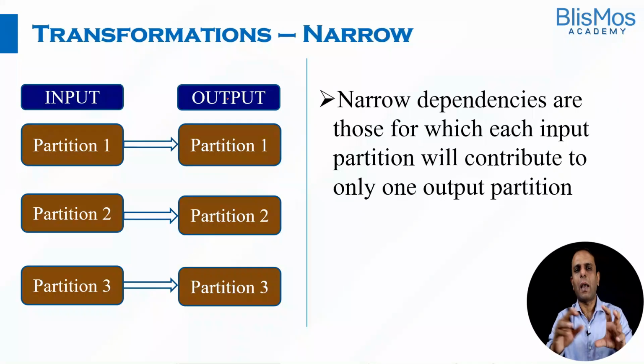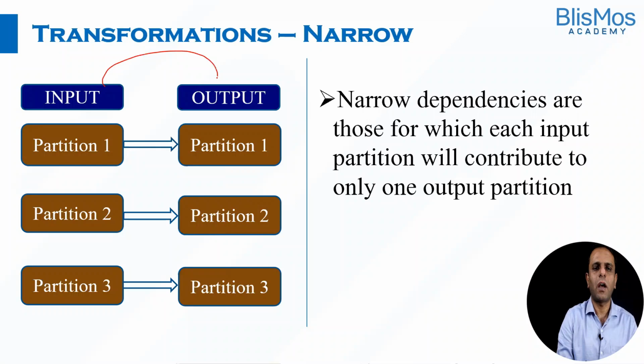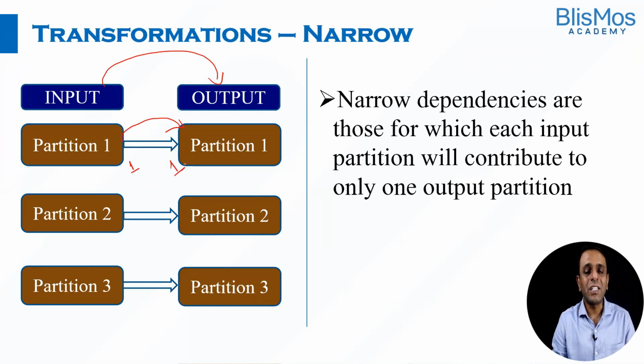So processing happens and it will generate the output, right? When the processing happens, if one input partition is contributing to only one output partition, that is where we call it a narrow dependency. So only one input partition is contributing to only one output partition. This is what we call a narrow transformation.